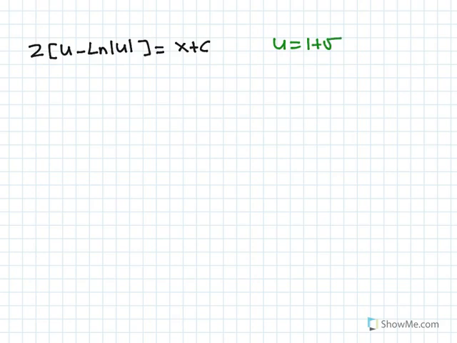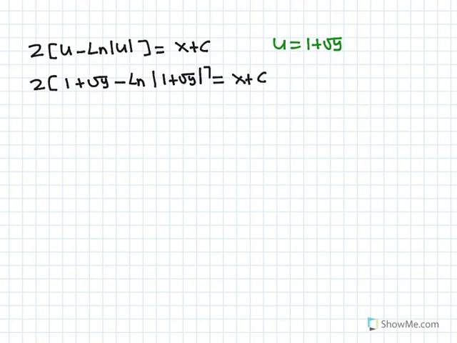So now what we have is 2 times (u minus log of absolute value of u) is equal to x plus c. Now let's substitute u is equal to 1 plus root y, so we get the answer in terms of y. So we have 2 times (1 plus root y minus log of absolute value of 1 plus root y) is equal to x plus c.